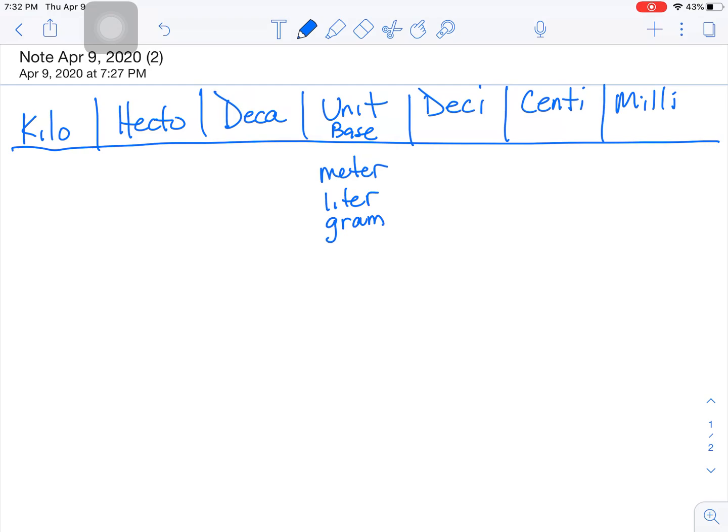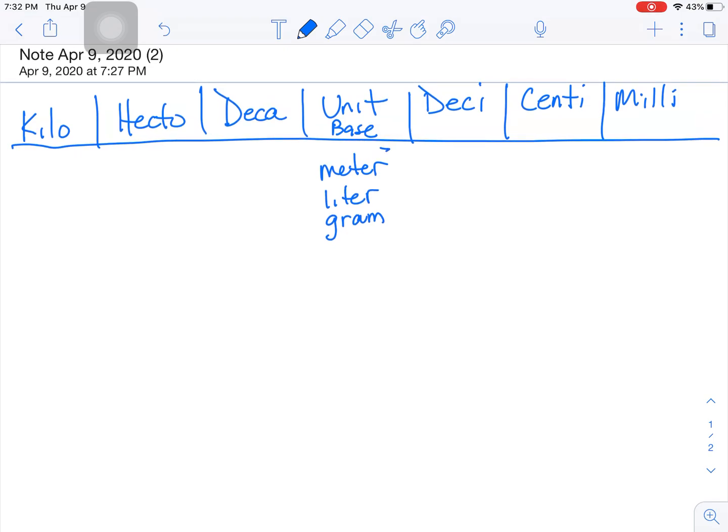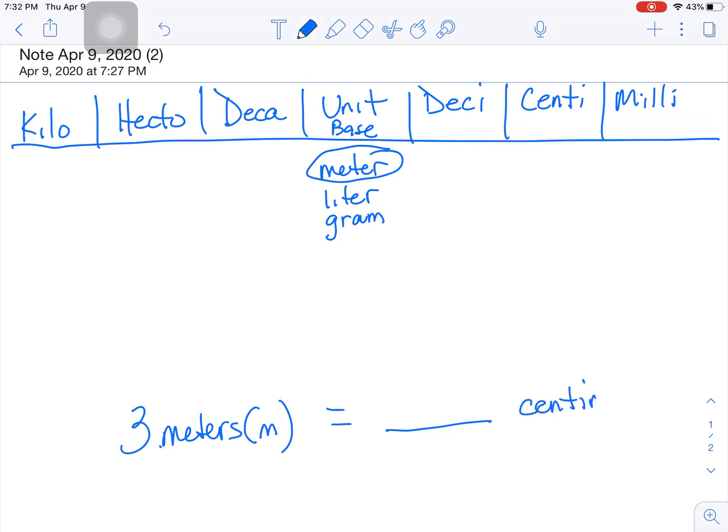So here's how we're going to do this. This is the easier way to do it, okay? You can use straight multiplying and dividing, but we're going to use the chart to think about what's happening. So let's say that my teacher said that we're going to start off using meters, and he's going to ask, or she, 3 meters. Meter can also just be written as an M, and your teacher is going to want you to convert that and tell me how many centimeters could that be.